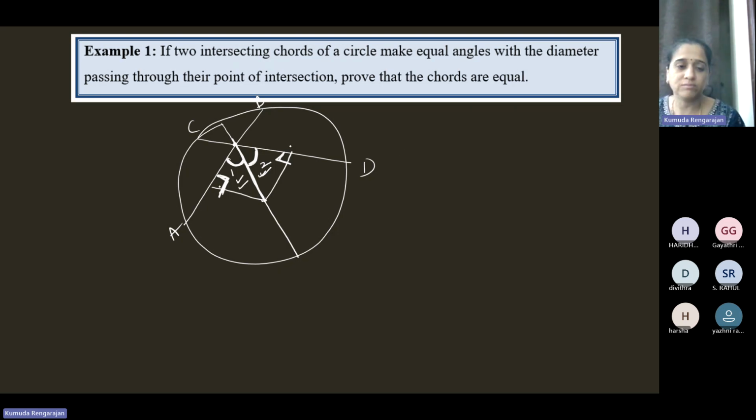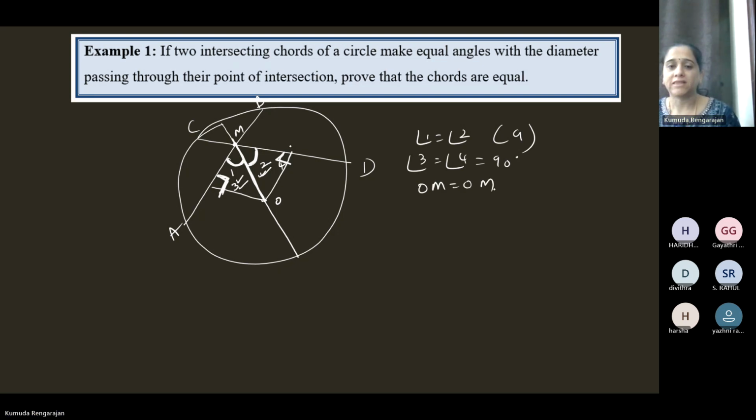Let me mark this 3 and 4. So we have angle 1 equal to angle 2, given. And then we have angle 3 equal to angle 4, 90 degrees. And then, suppose I call this, just for now, OM. OM is equal to OM, common side. So we have AAS, two angles and some other side.